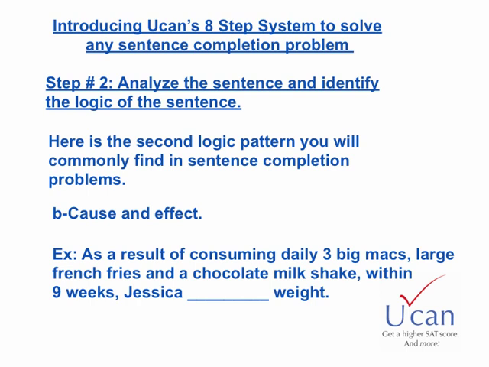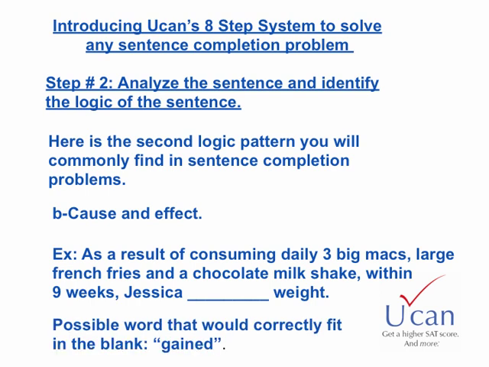Obviously, this is a cause and effect because the cause in the first clause is, as a result of consuming large, high calorific foods. The effect or the result is that Jessica blank weight, and yes, exactly, she gained weight. So again, cause and effect. The first clause refers to the cause, and the second gives us a sense of what the effect is. Again, she gained weight.